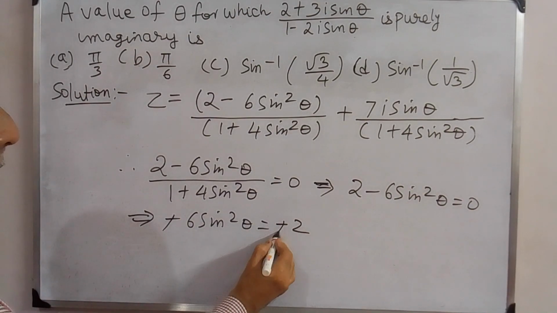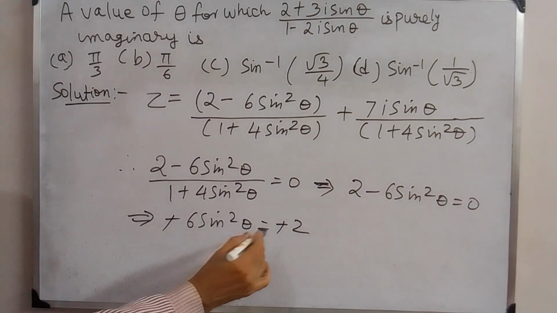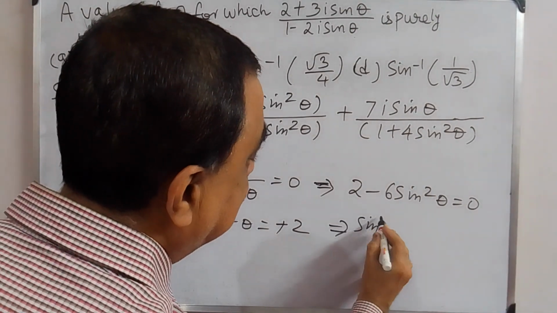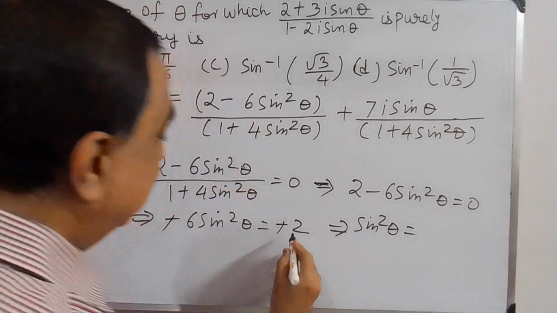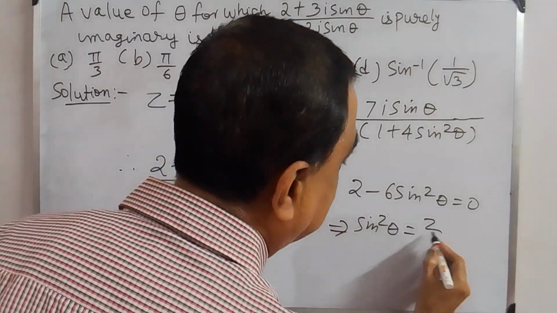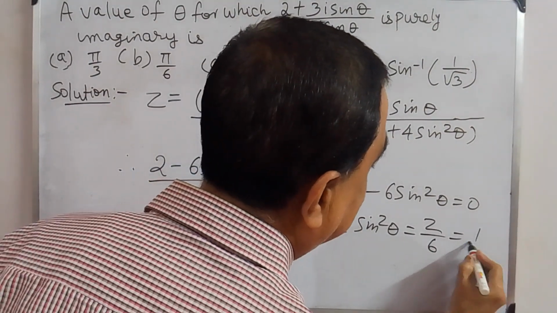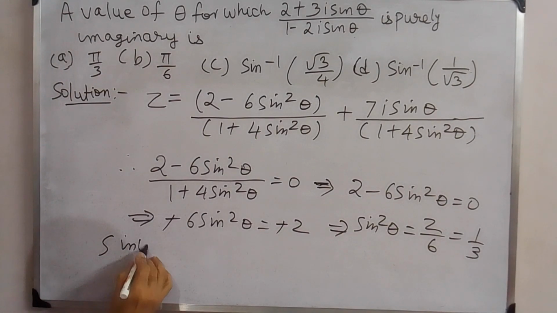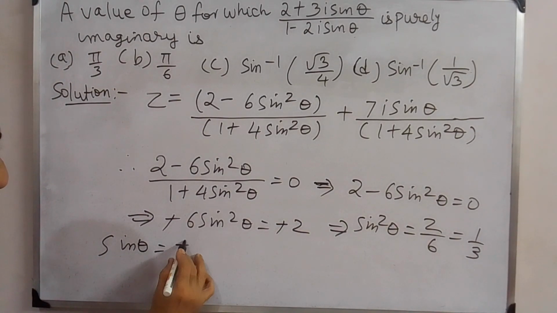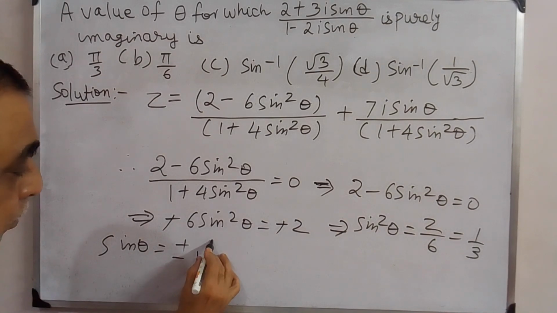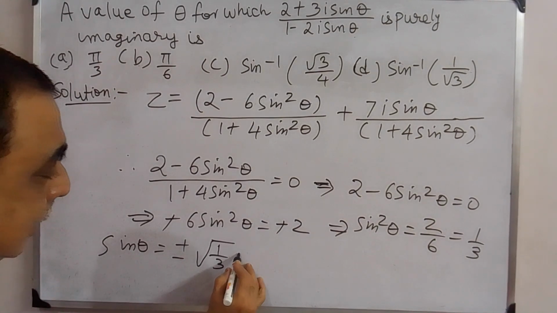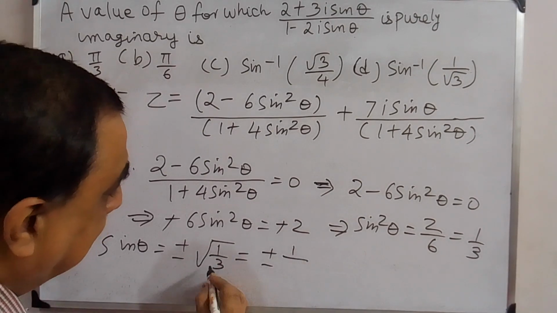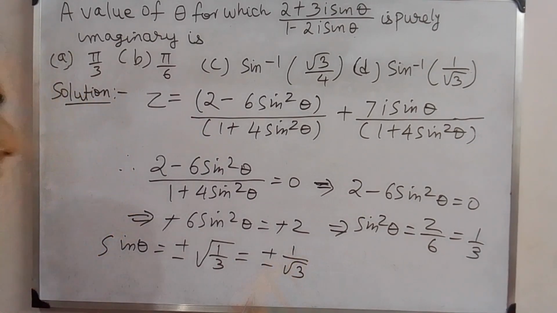So sin squared theta is equal to 2 divided by 6, and 2 divided by 6 is 1 by 3. So sin theta becomes plus minus square root of 1 by 3, which is plus minus 1 by root 3.